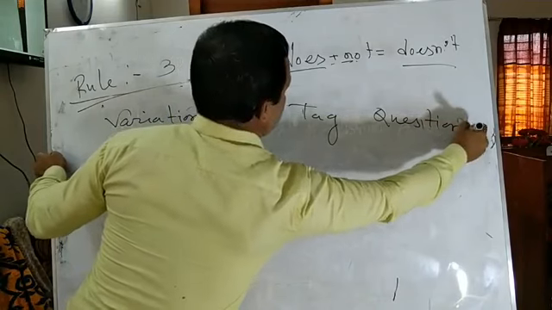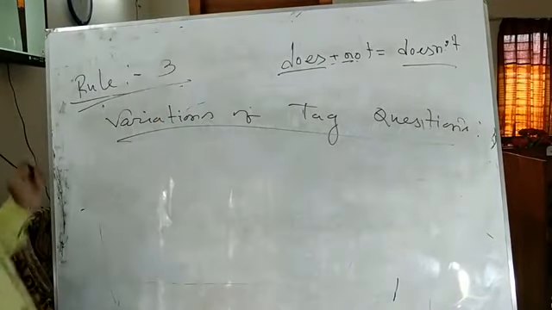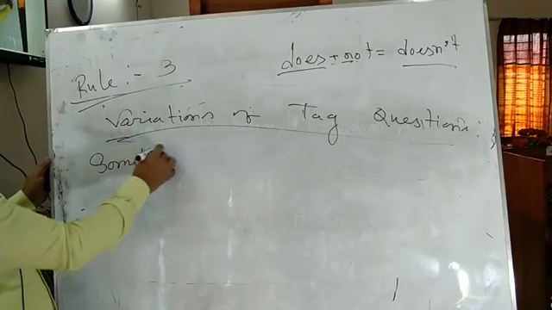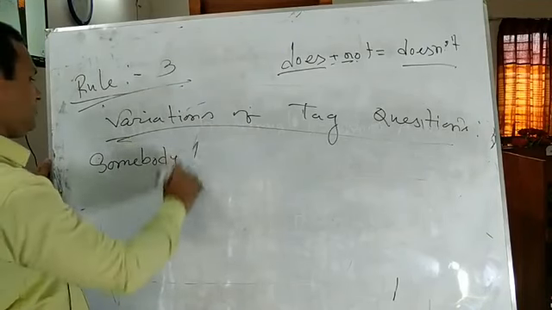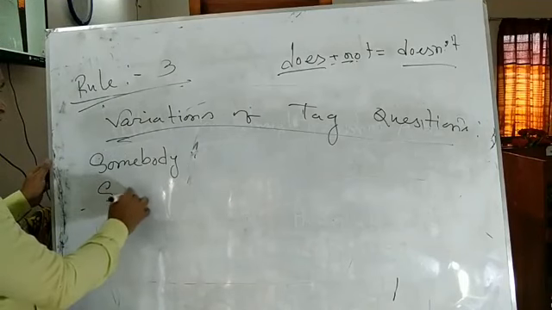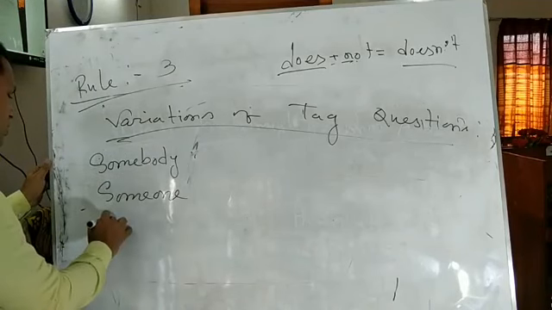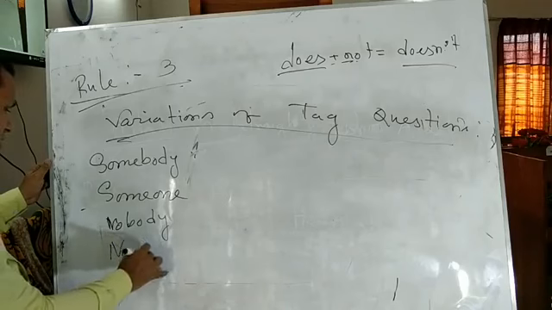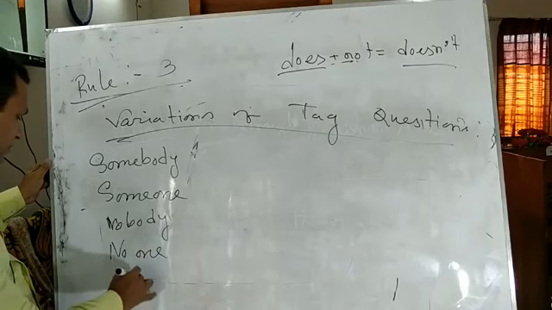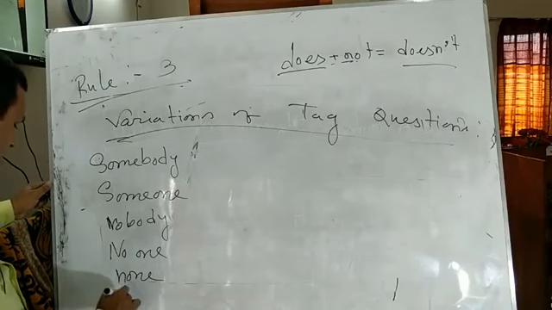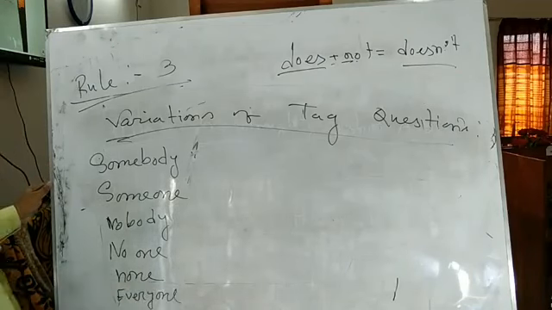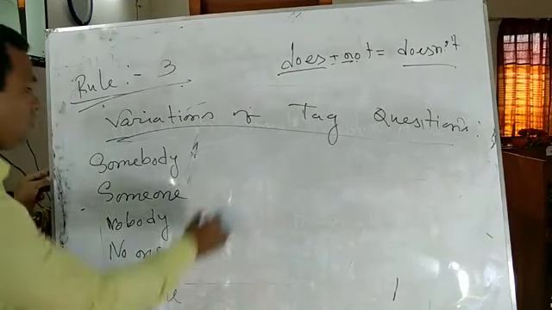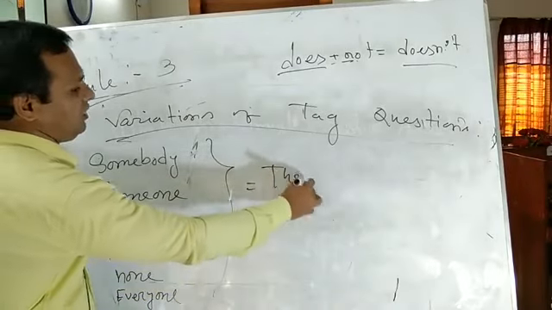If the subject of the main sentence is somebody, someone, nobody, no one, none, or everyone, you will use the pronoun they.